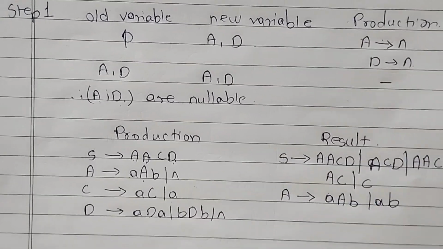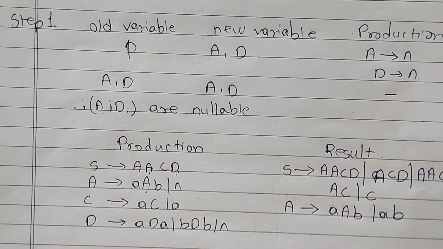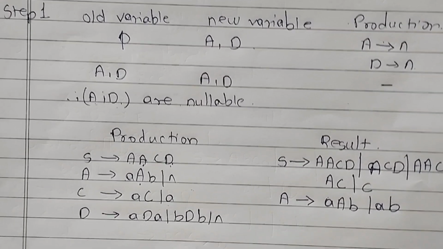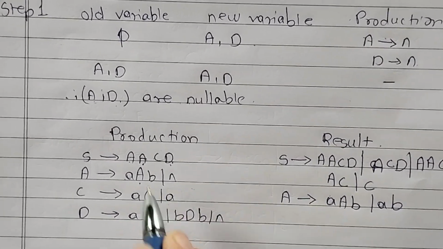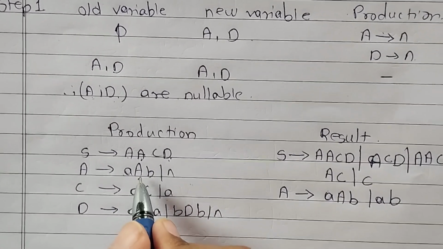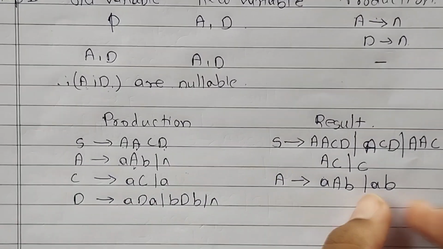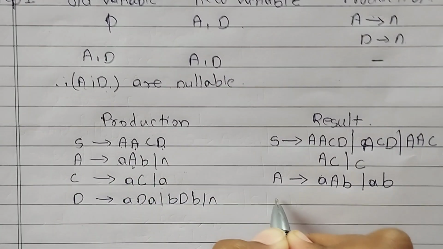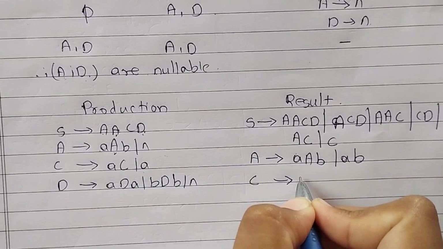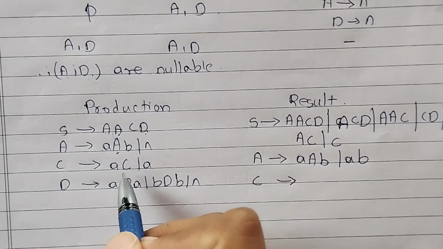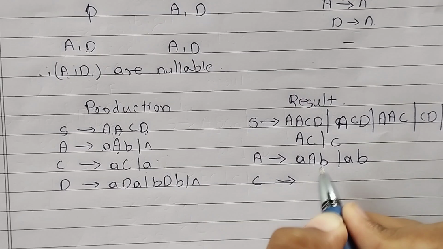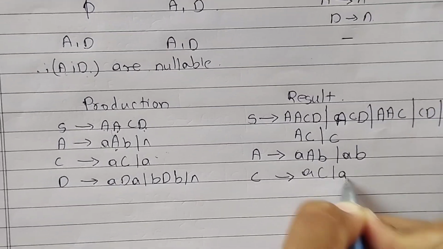One time we assume the nullable value is not present in our combination, and then write the result. Now is any combination formed? No, only single A is present and we consider it is not present, and then only AB we write. Now C, write as it is, because AD is not present and the null value is also not present. So write AC as it is.